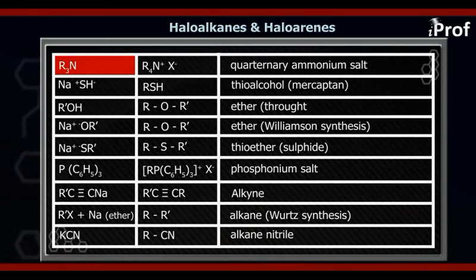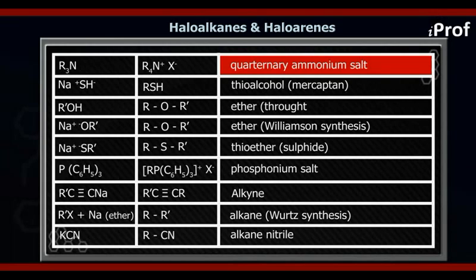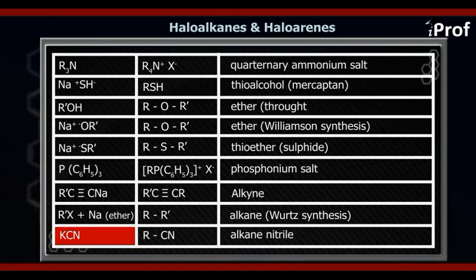Now this tertiary amine can also be a source of nucleophile. In this case, the lone pair on the nitrogen atom again acts as a nucleophile, attacks on the R and forms the product as N positive R4 X negative, which is called a quaternary ammonium salt. Next we have the source of nucleophile, that is KCN.